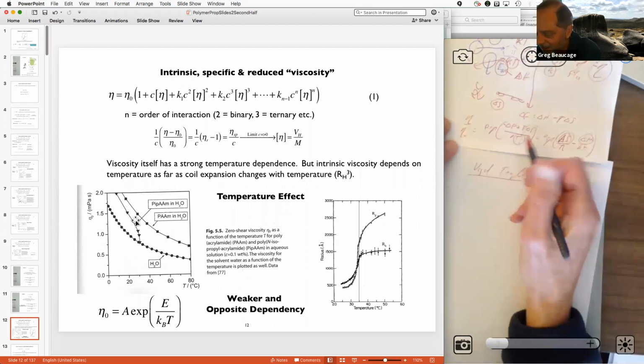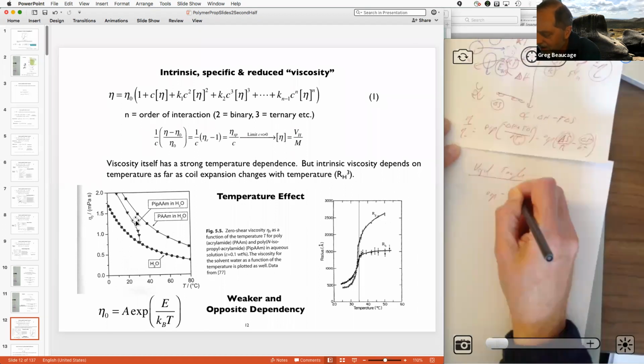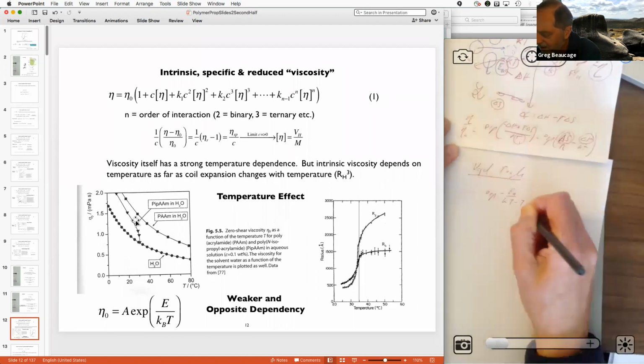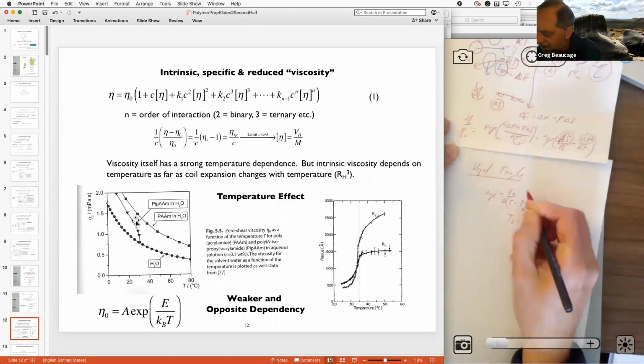So you can say exponential minus EA over K times T minus TV, the Vogel temperature. So viscosity can have this other temperature.